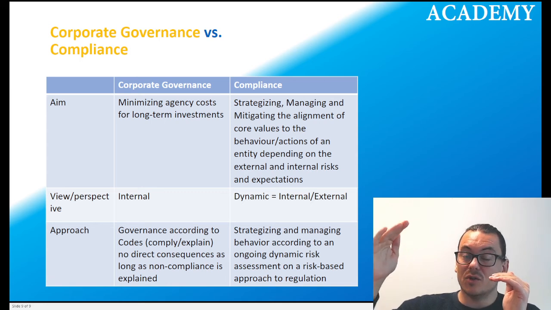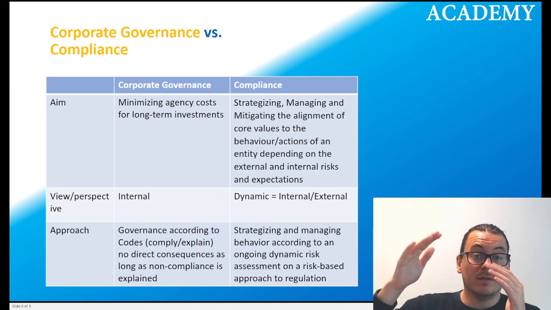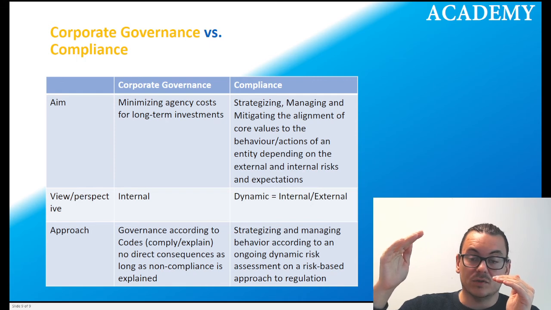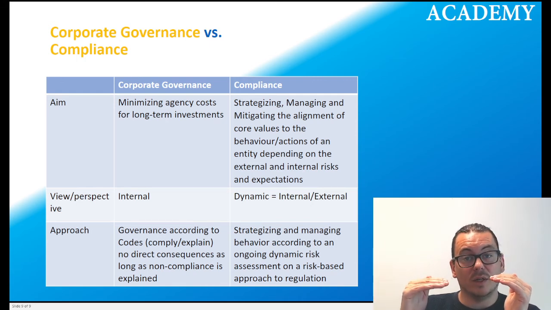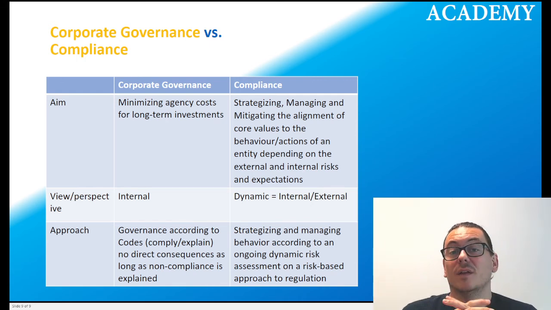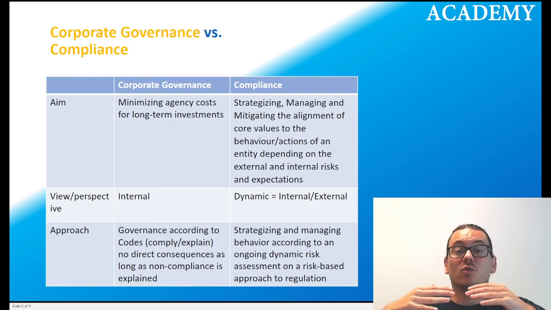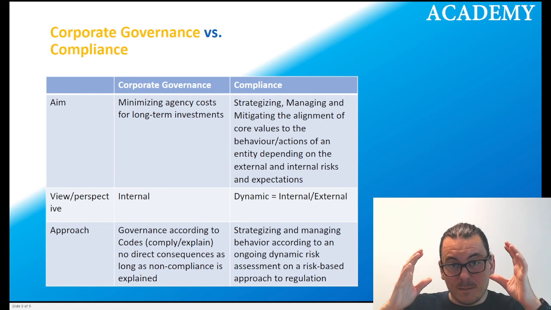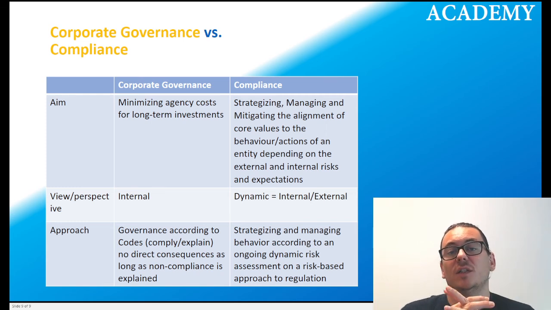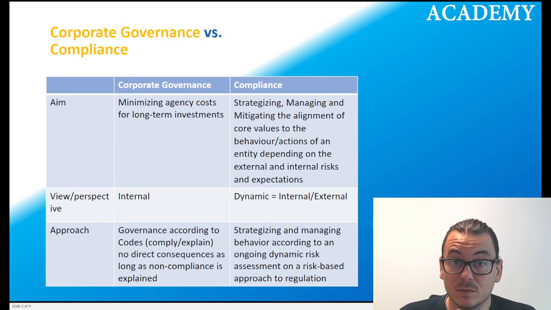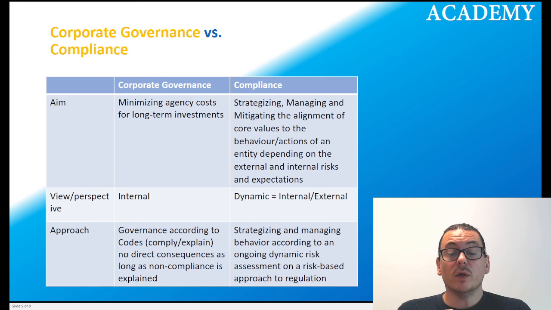But now you need to align society's aim of, for example, anti-money laundering, as a part of your own aim. This is what is a fundamental change considering the GRC framework and dynamic compliance, and the reason why I call it dynamic compliance. So we can also see it here in the last segment of approach.